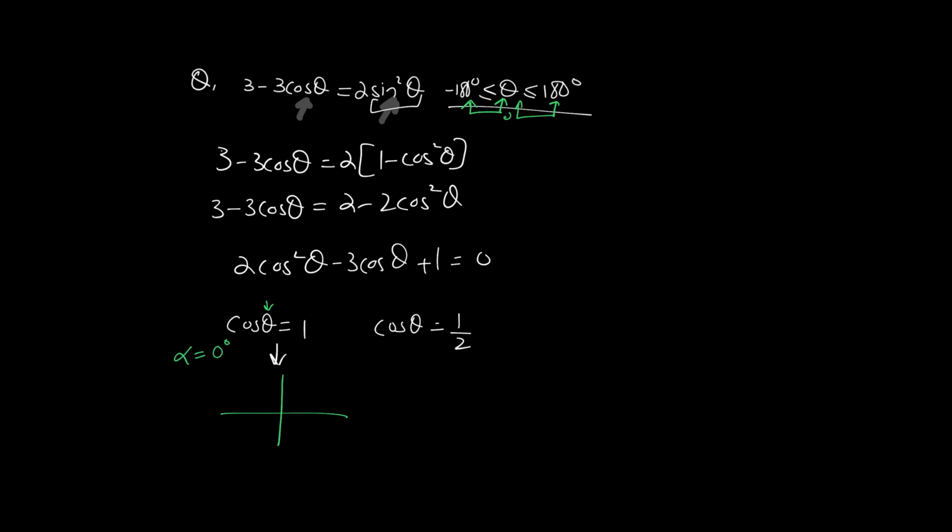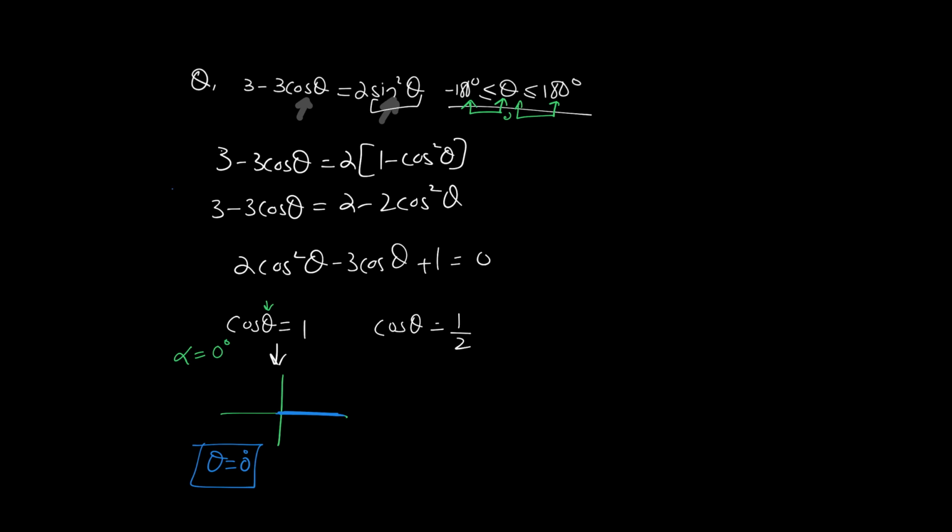And cos theta is positive in the first and the fourth quadrant, and basic angle is 0, which means that this is the line that you are looking at. Now the negative angle, there is no negative angle from here. So theta is 0, and that's the only answer from here, 0 degrees.